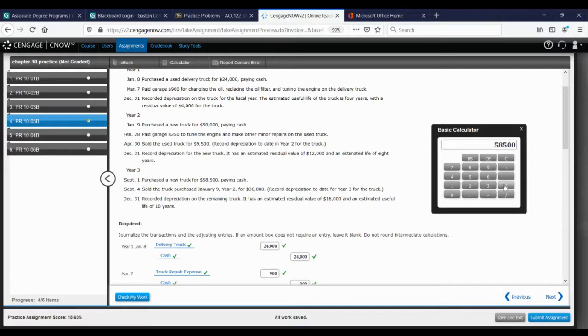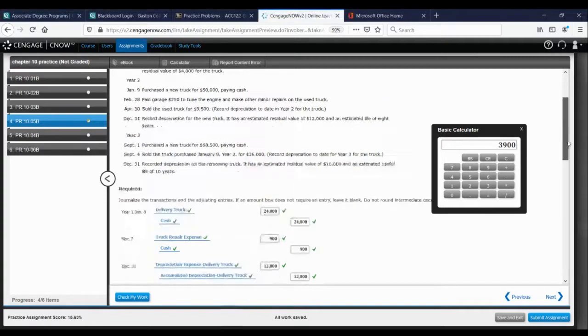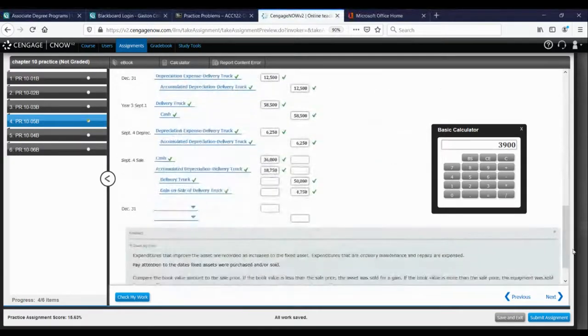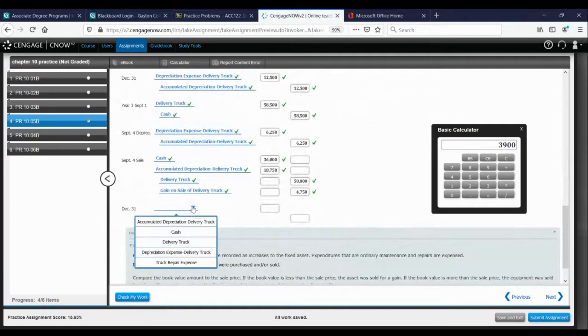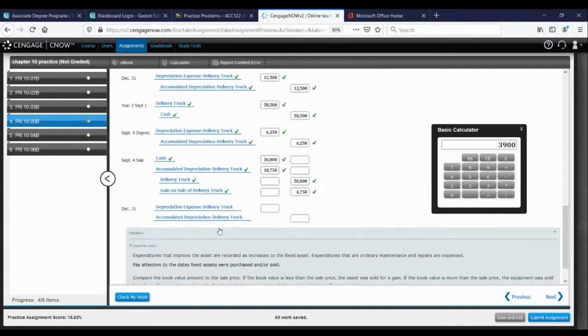So this annual depreciation has to be multiplied by 4 months and divided by 12 to get the partial year depreciation amount of $3,900. We would debit our depreciation expense and credit accumulated depreciation for $3,900.